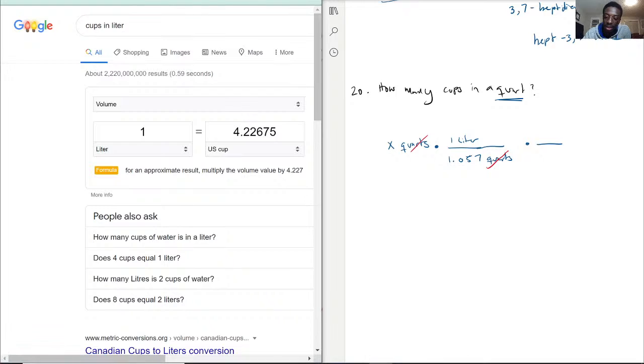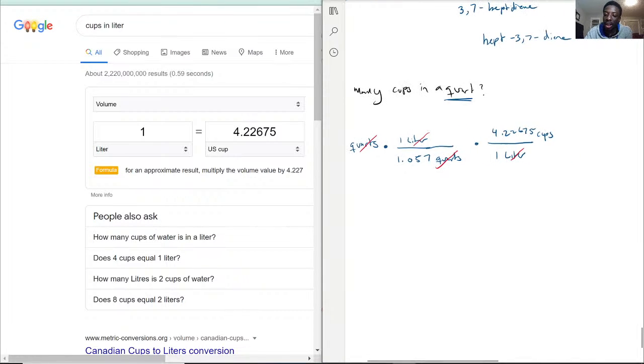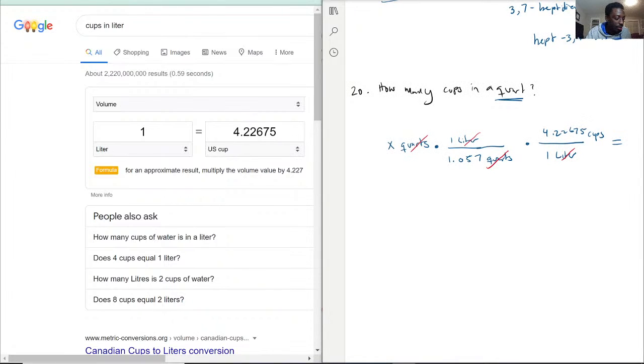So according to this, for every liter, there's 4.22675 cups. So now we've canceled the liters and we're left with cups. So based on this, it's going to be X divided by 1.057 times 4.22675.